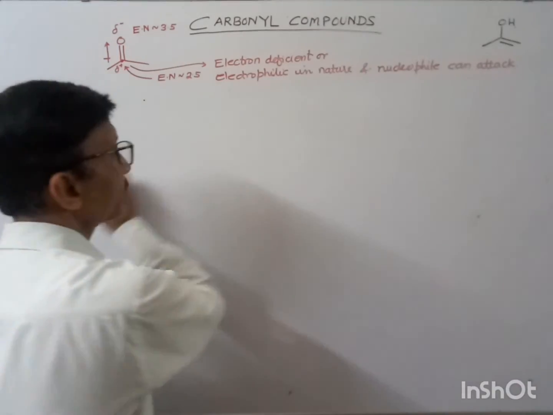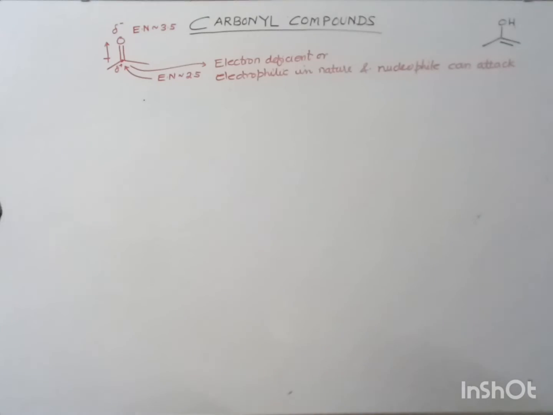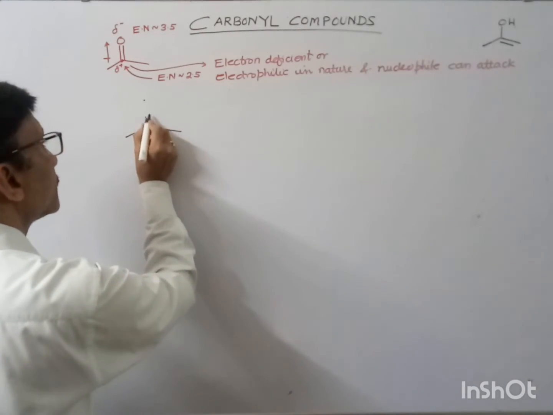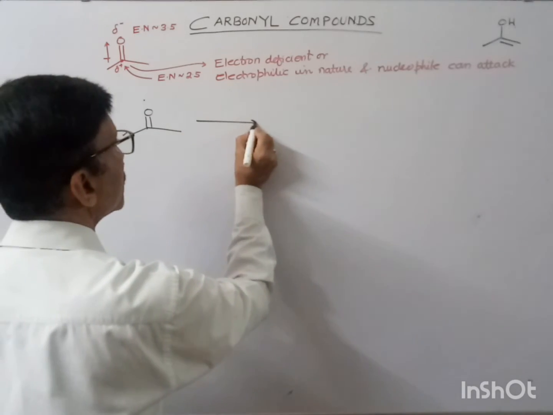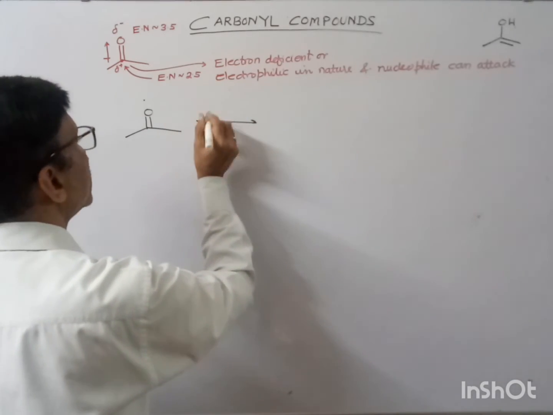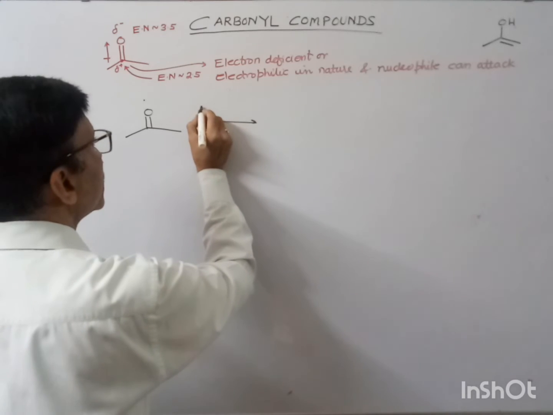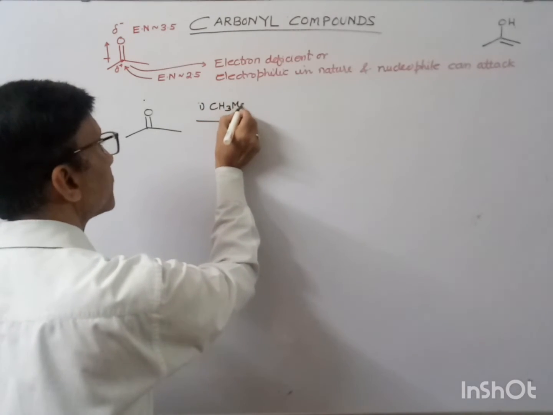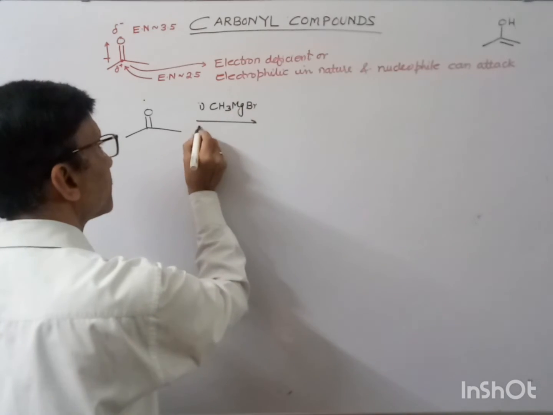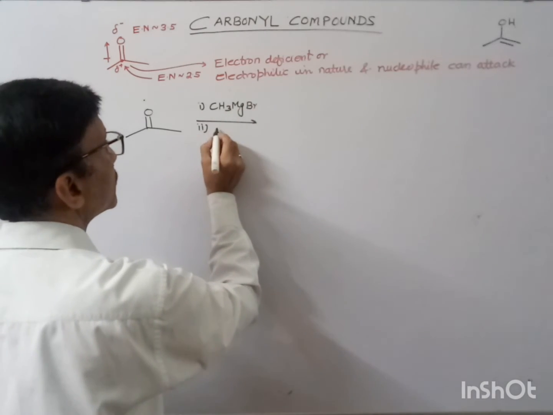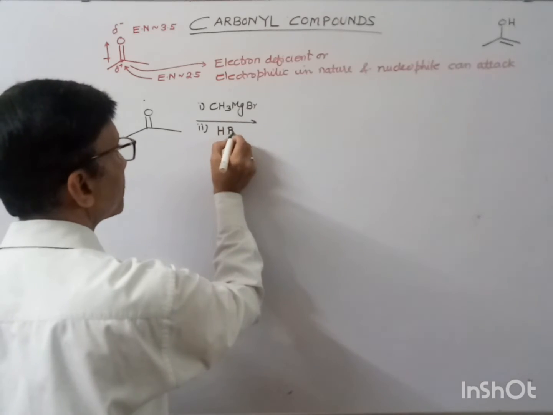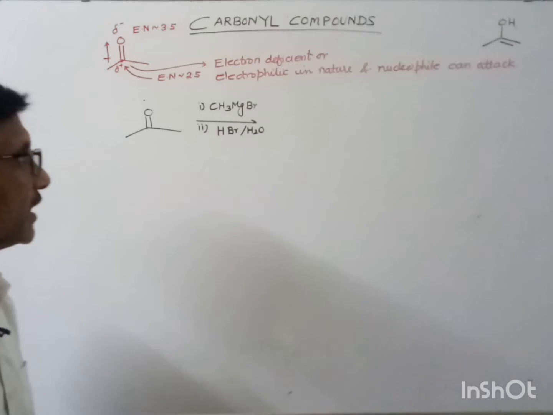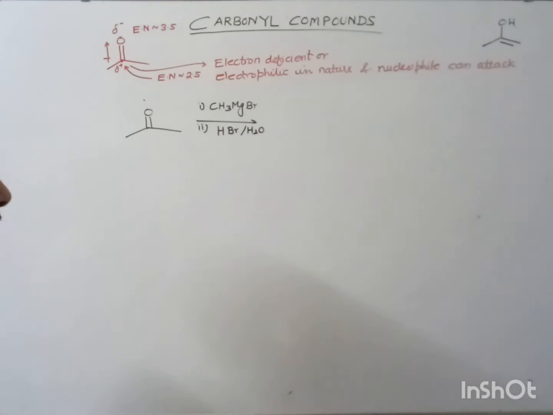Now if you see some of the nucleophilic addition reactions, suppose you have a carbonyl compound, any ketone, then in presence of aqueous acid and this one, what would be the product in this case?